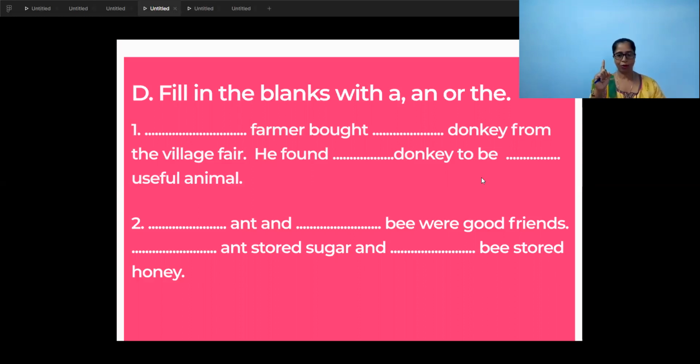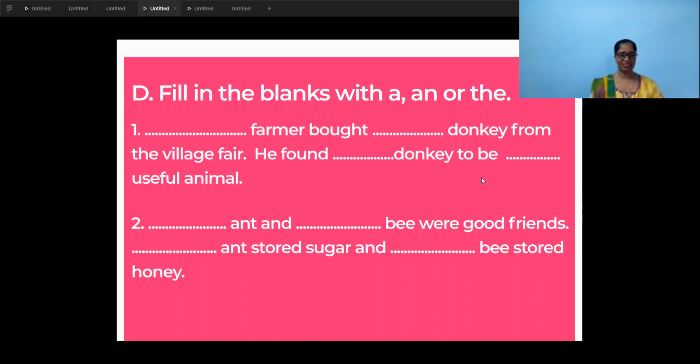We are talking about donkey also for the first time from the village fair. He found dash donkey. Now we are talking about the donkey which we have already spoken in the previous sentence. So he found dash donkey to be dash useful animal.